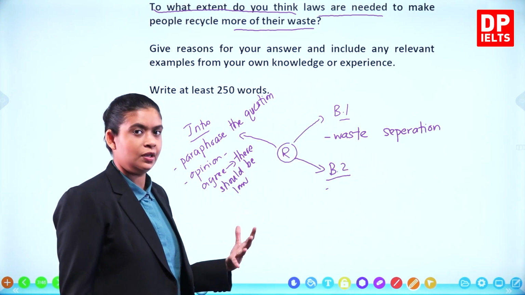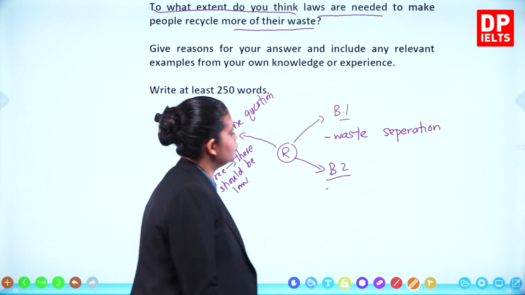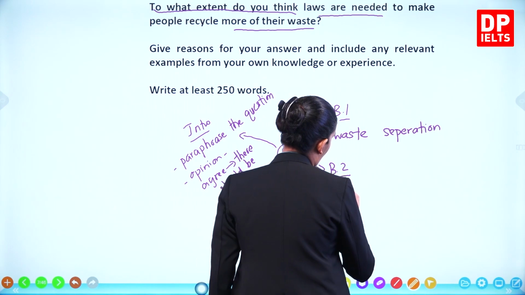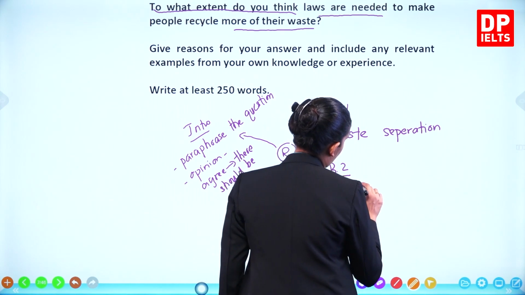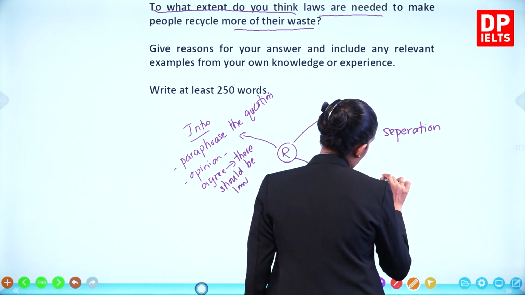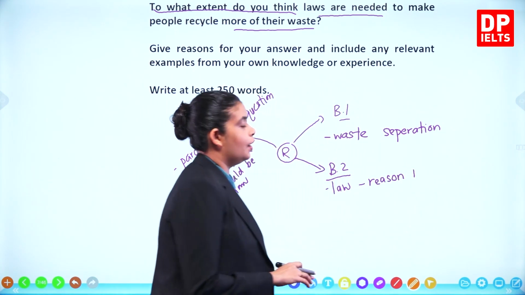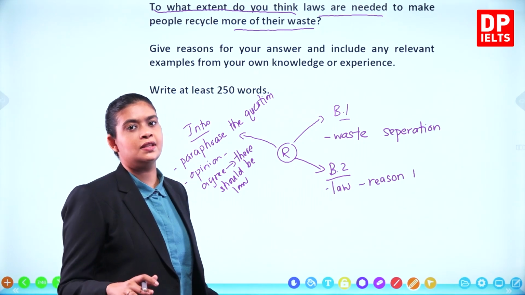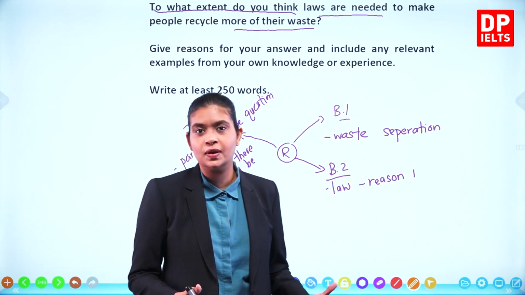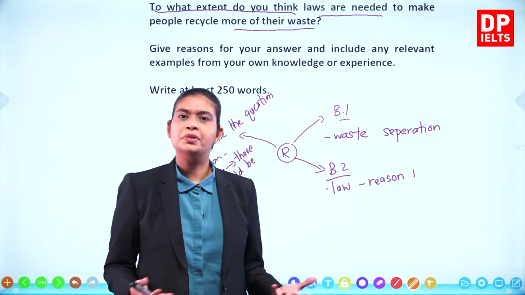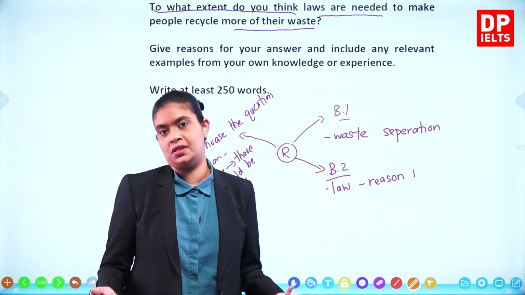So basically in body para 2, I think there should be law, and I'm going to tell why, okay? So law should be there, reason 1. Okay. Now example, in a country if people cut down trees or anything, there is a specific law. But here there is no specific law.